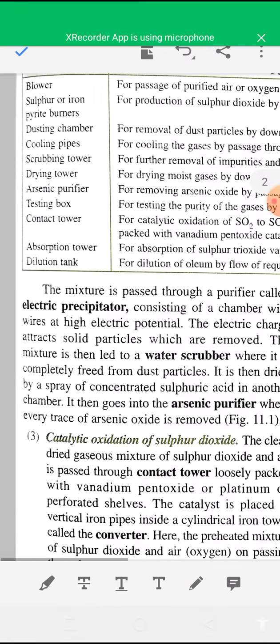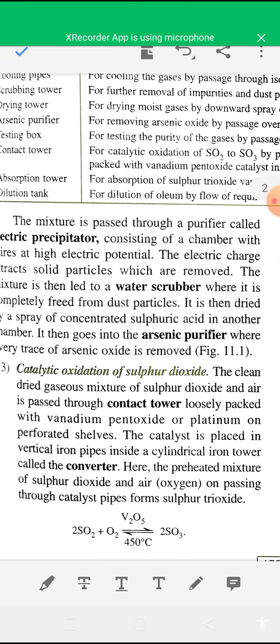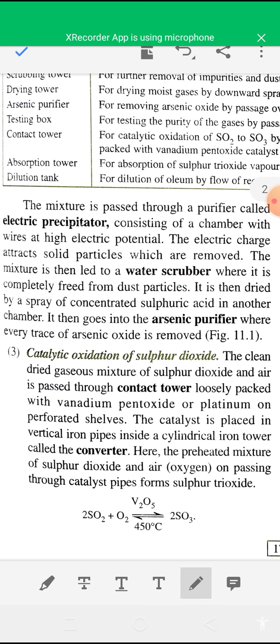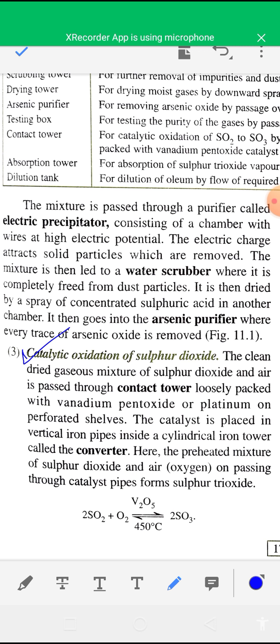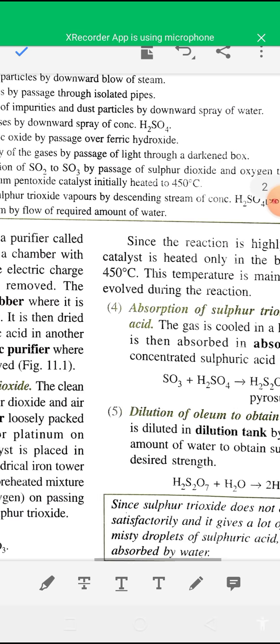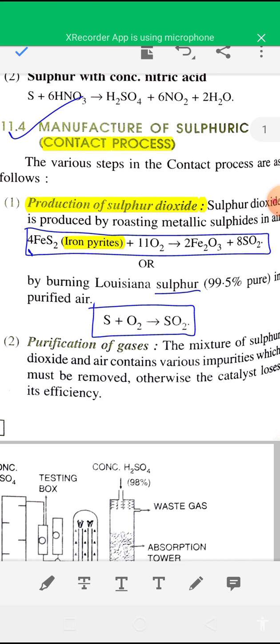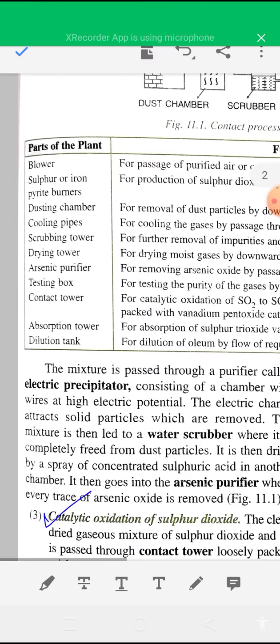The next step is catalytic oxidation of sulfur dioxide.